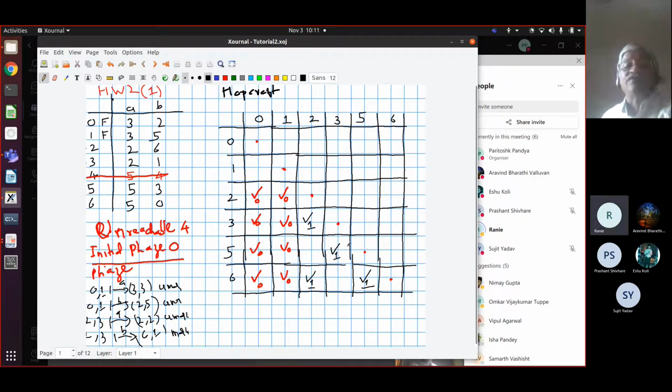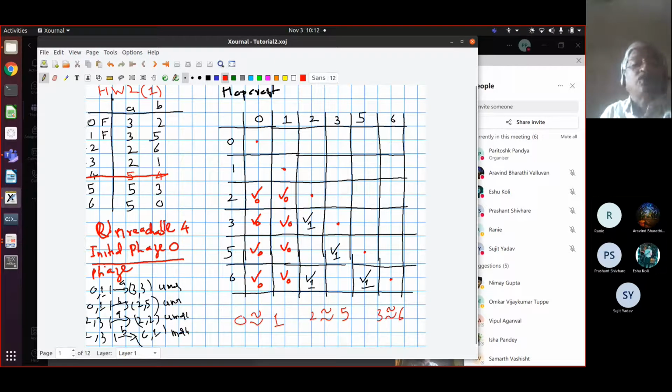In the first phase. Yeah, this is also marked. Right. So you got 3. That is what I said. If I draw this, I've got state 0 equivalent to 1, I have got 2 equivalent to 5, and I've got 3 equivalent to 6, right?